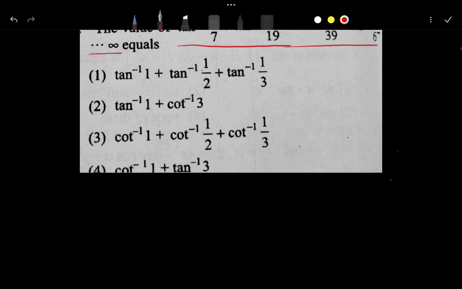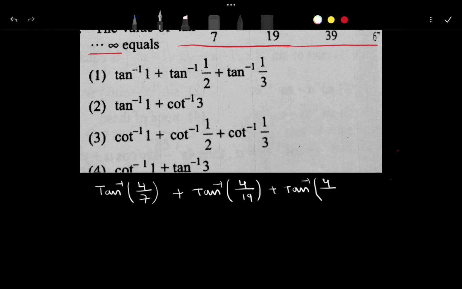Now write the given terms. The given terms will be tan inverse of 4 by 7, plus the next one, tan inverse of 4 by 19, plus tan inverse of 4 by 39, plus tan inverse of 4 by 67, plus and so on to infinity.